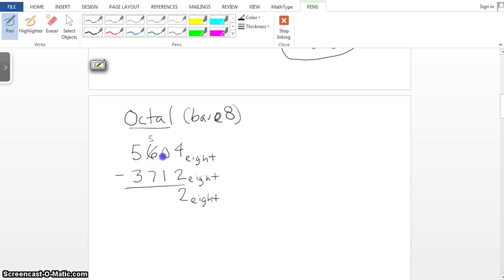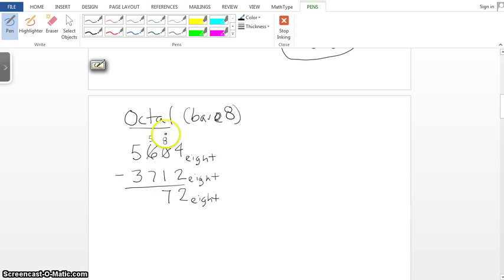And what you're carrying back is not 10, but your base. And you would add it to whatever number was there. We borrowed 1 from here, but you actually borrowed a base. So what you carried back in base 10 was a 10. But this is base 8, so you're carrying an 8. You borrowed an 8. Alright, 8 minus 1 is 7.